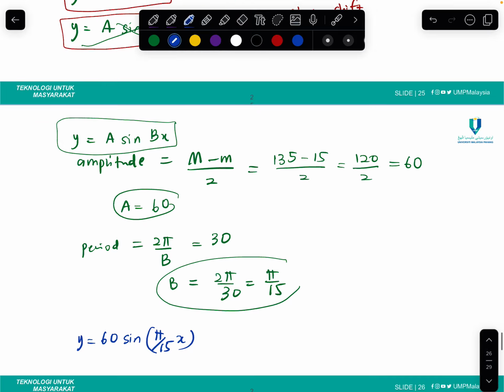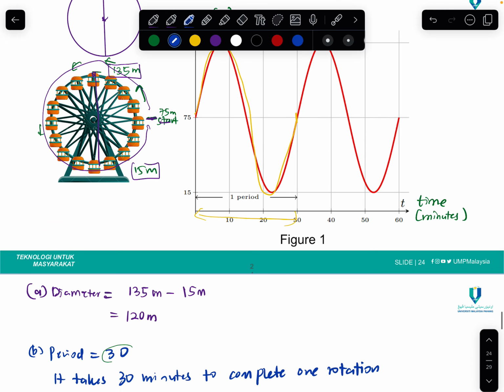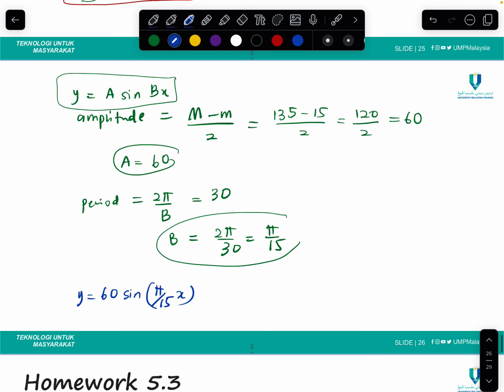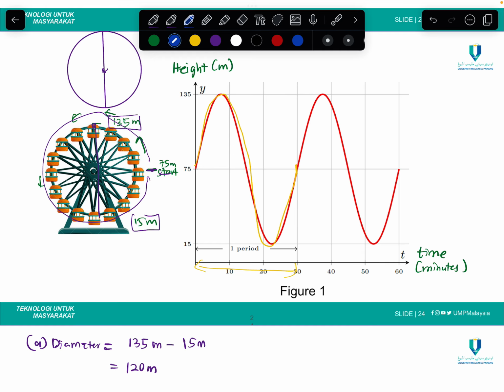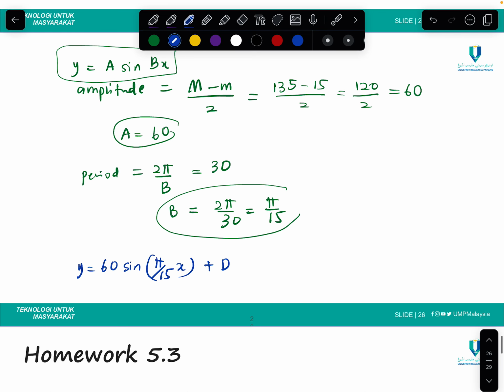We have to check whether it is true. Now, do we have another plus D? You have to look at this. Since the wave is not at the 0 value, if you use this formula without D and try to draw it again with period 30 and amplitude 60, the wave is like this.